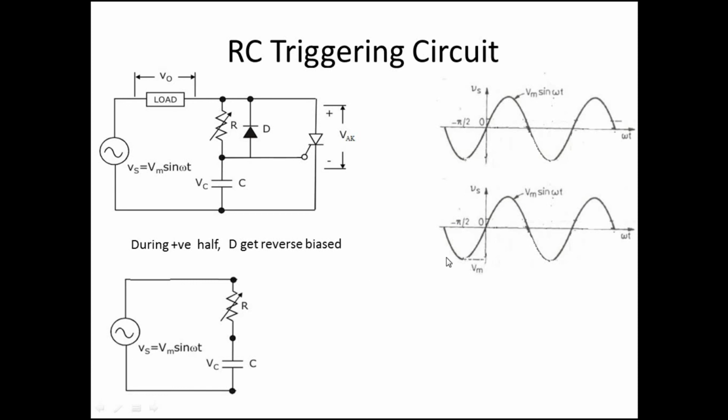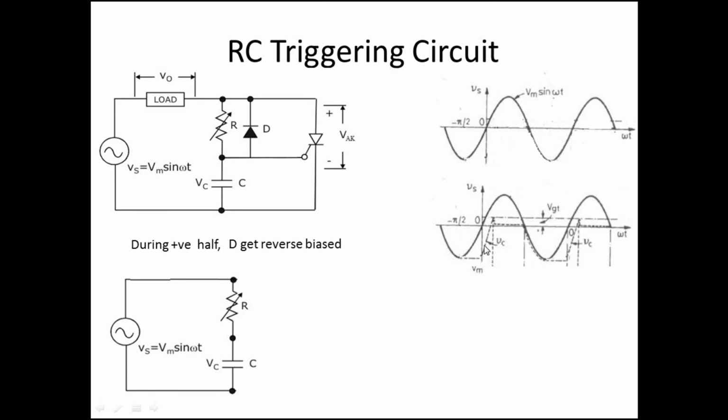The capacitor is now connected to Vs through R, so it will be charging through the RC network. The charging will be linear, like this, and at this point the voltage across the capacitor will be equal to the gate threshold voltage.